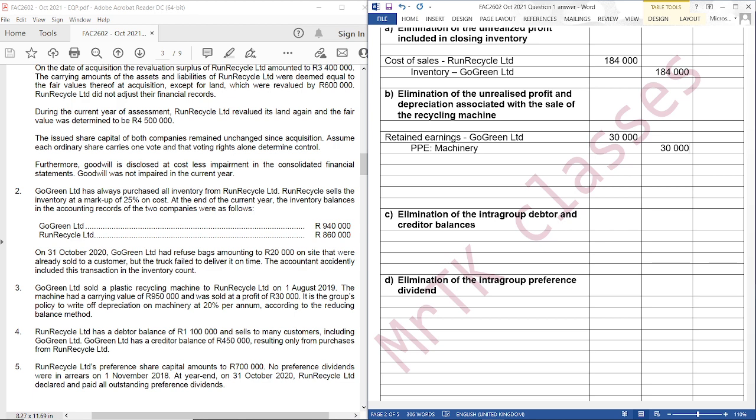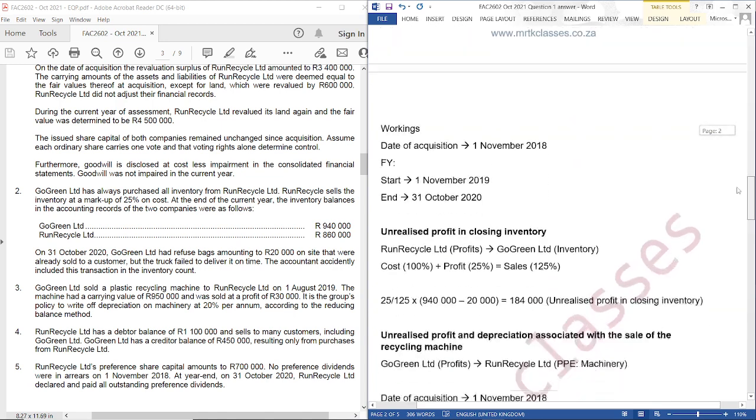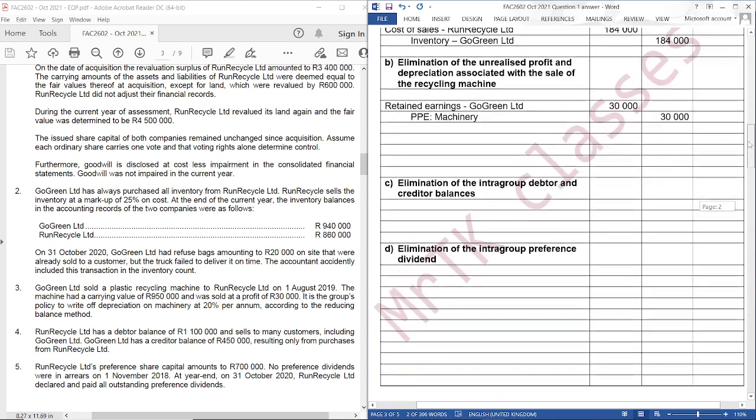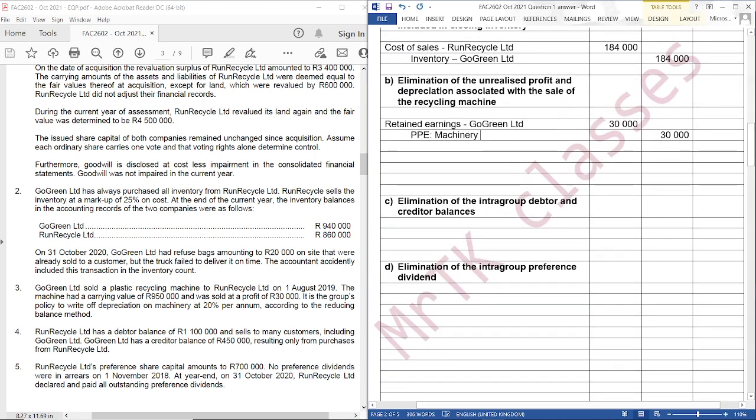Property, plant and equipment is in the books of Run Recycle Limited.